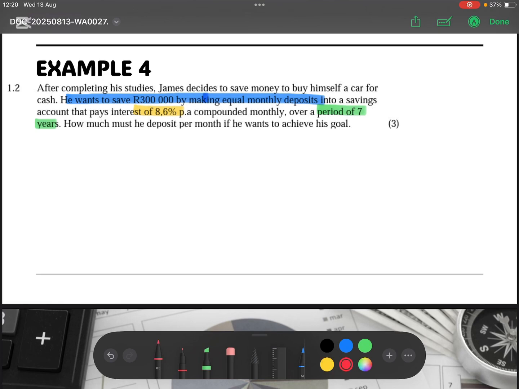Okay, so now we go back to our formula. We'll have future value, which is equal to x into 1 plus the interest rate to the power n, number of payments, divided by the interest rate, and the future value that we want to accumulate is 300,000.